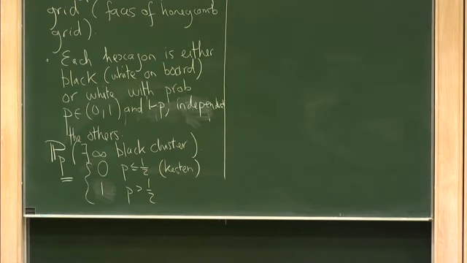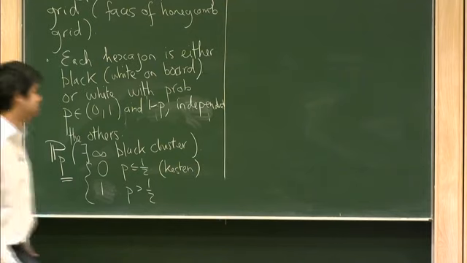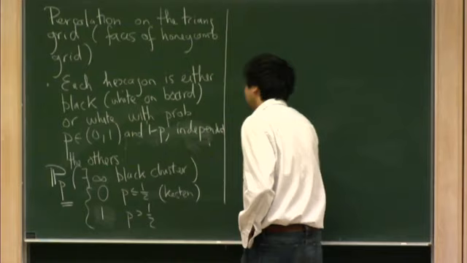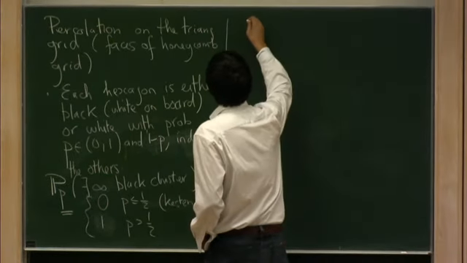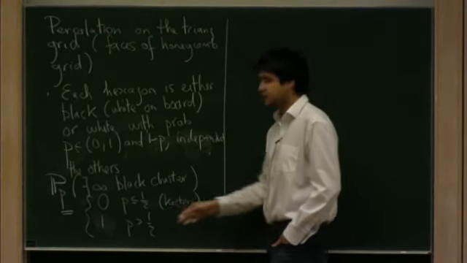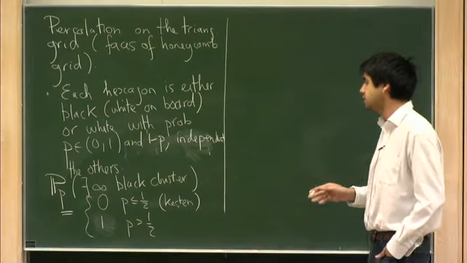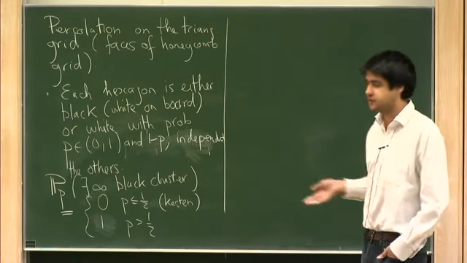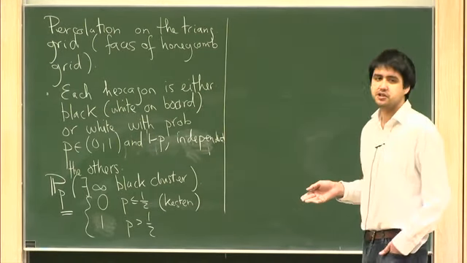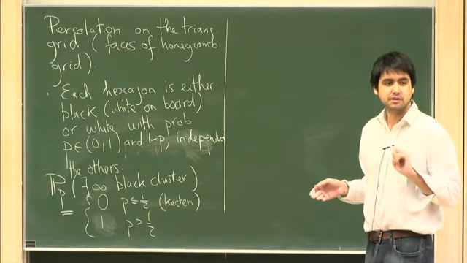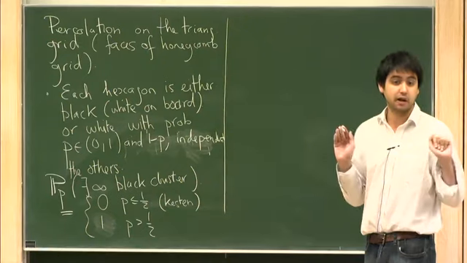So now we can say something a bit more precise, which I think is quite interesting. If you ask the question, okay, so if p is greater than 1/2, there's an infinite cluster with probability 1. Actually, it's unique. There's a unique infinite cluster. Now you can ask the question, okay, what is the chance that a given point is in that infinite cluster?